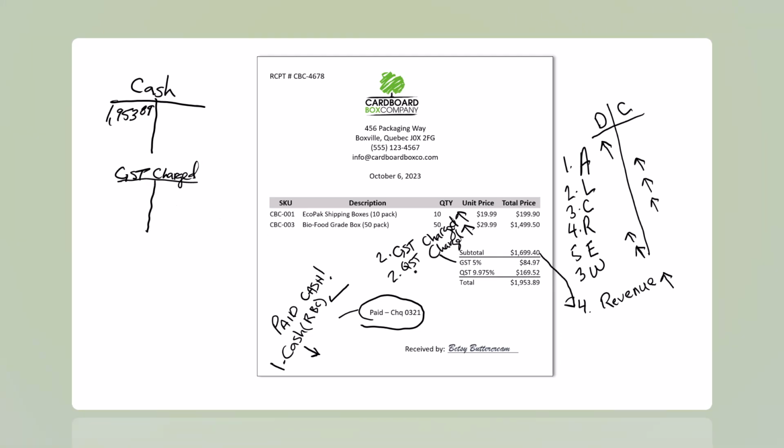And because it increased, it's on the left-hand side. We'll check it off, and then we'll do the same for QST charged. $169.52.